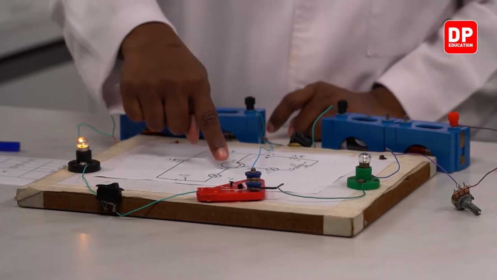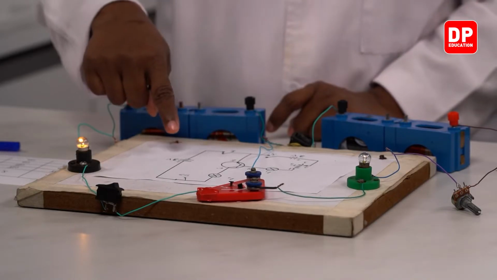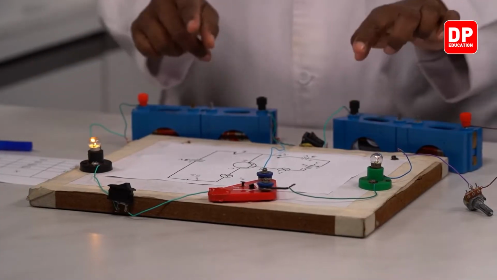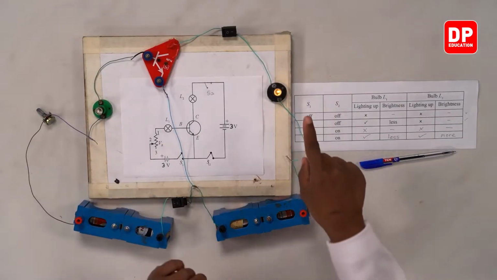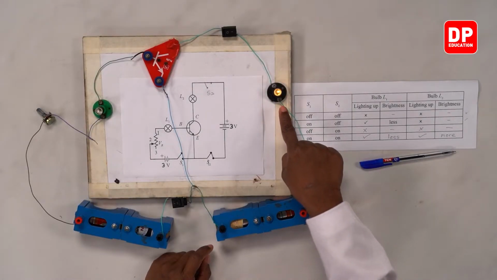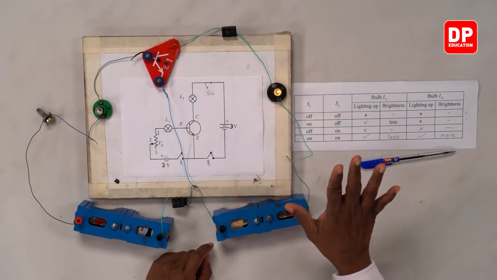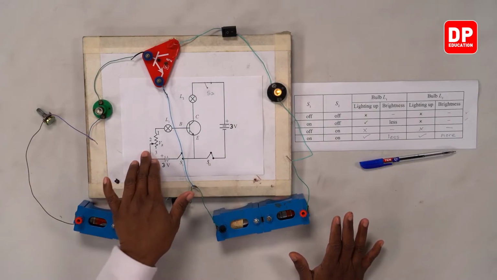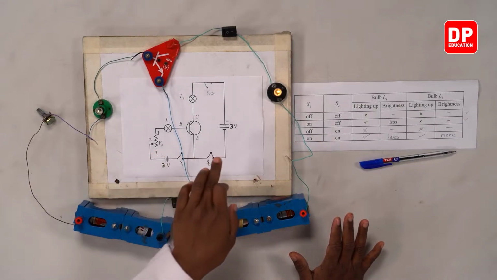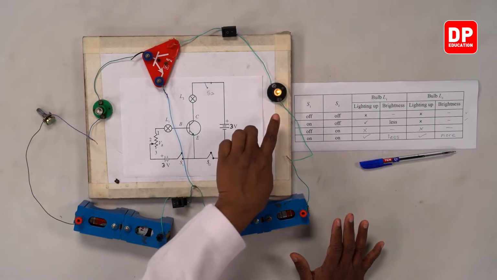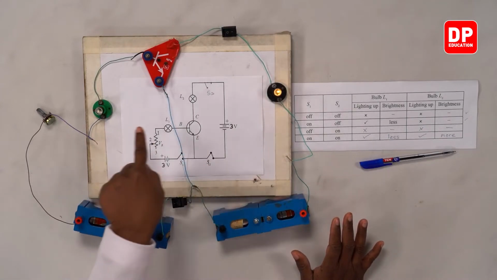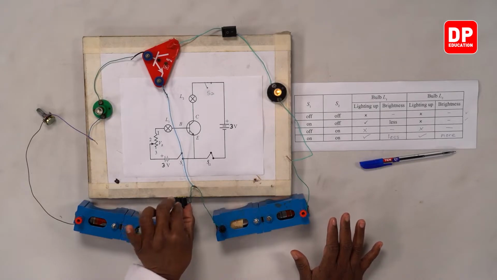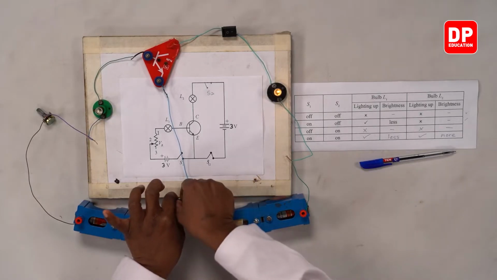So that means this is the output circuit. Through the output circuit, the current is more. So less current through the input circuit, more current through the output circuit. That means the current has been amplified. The current that was given to the input circuit has been amplified in the output circuit. That you can identify from the brightness of the bulbs. So I am going to switch them off.